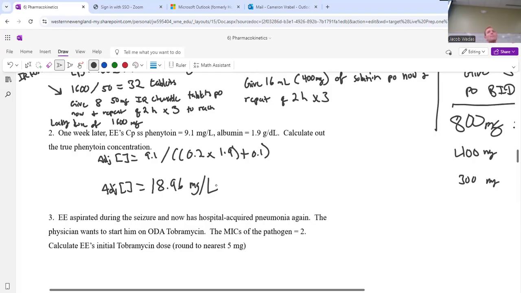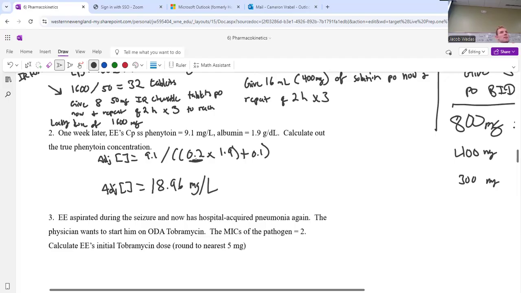I know we only practiced the albumin one. On the equation sheet, you can put the one for renal failure. If there's renal failure, the only thing that changes is this right here, the 0.2 changes to 0.1. That's when creatinine clearance is less than 10.